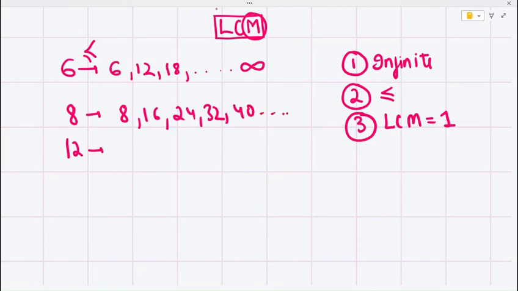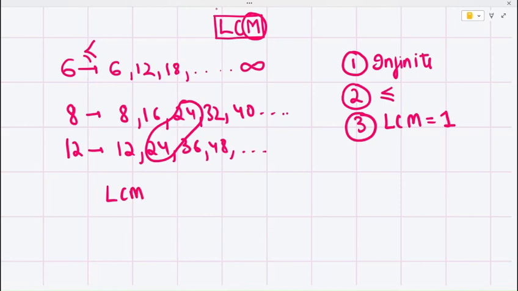These are enough. And in the case of 12, the multiples that we have are 12, 24, 36, 48, 60, etc. Right now we'll just focus on the least common multiple, which in this case will be 24. So the least common multiple or the LCM of 8 and 12 is equal to 24.